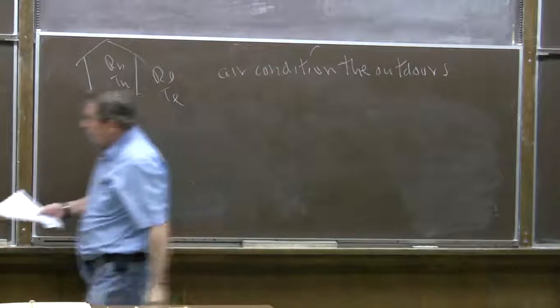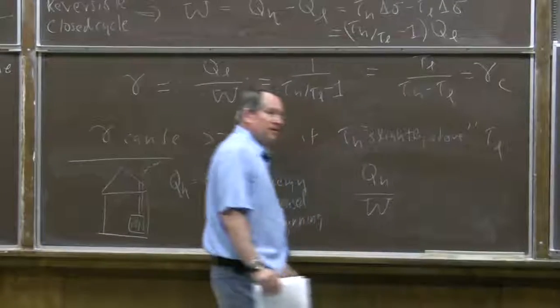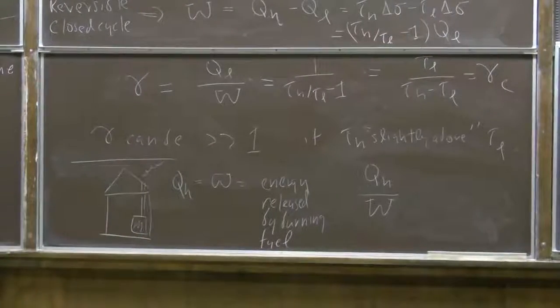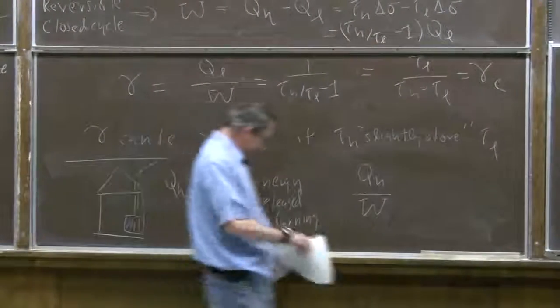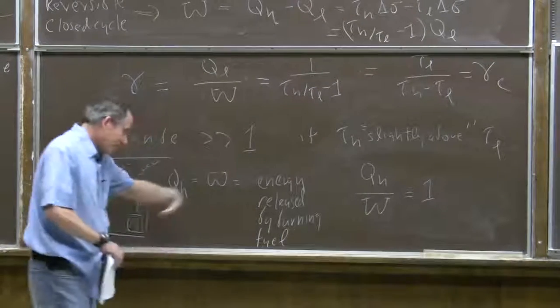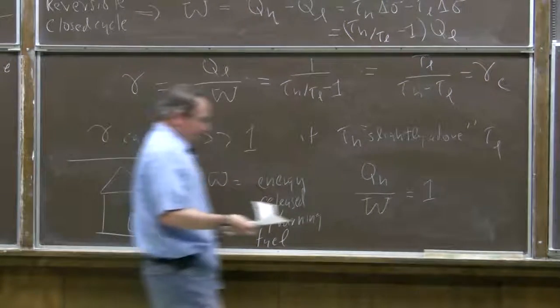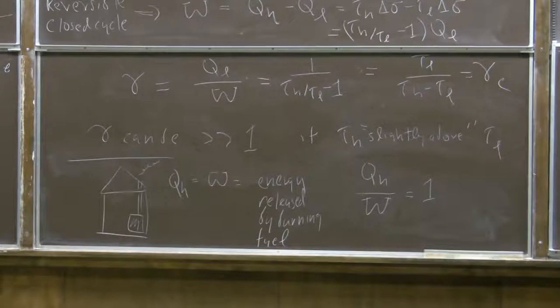So, if I call QH the amount of heat that I produce in my house, I could say the amount of heat that I get per unit of energy consumed by burning fuel is 1, because I happen to have a perfectly insulated house, except when the dog goes in and out the dog door, but that's not that often. Okay, but what about my friend?